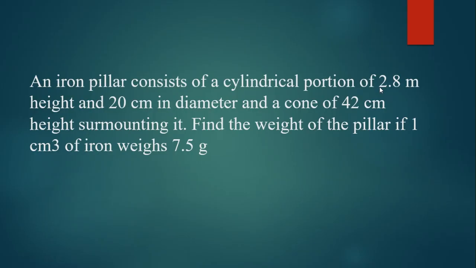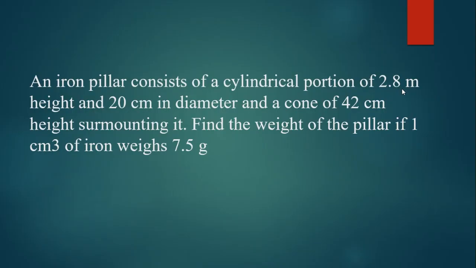Otherwise we need to convert the given values into the required units. If we don't change the values, we may not get the correct answer. The units should be uniform. That point should be kept in mind all the time.